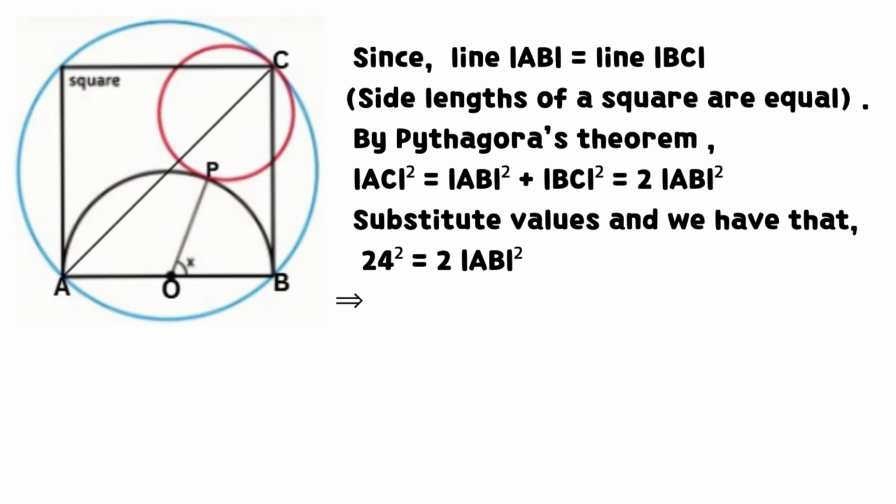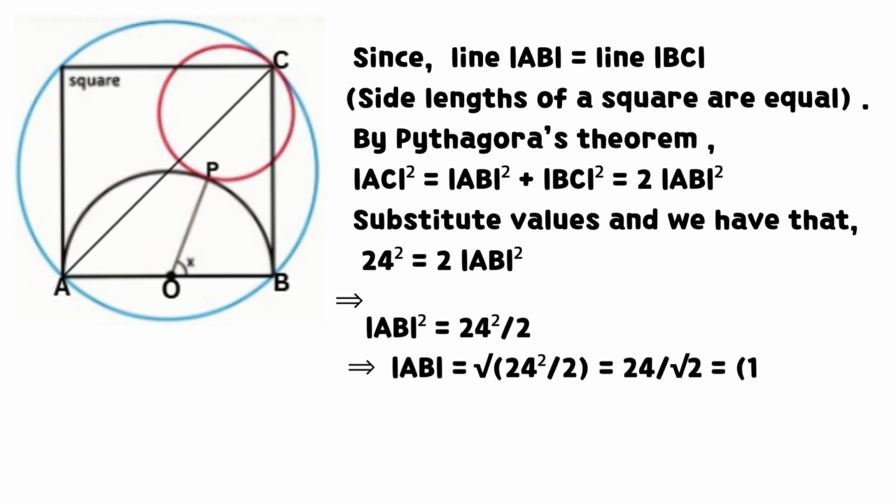Substitute values and we have that the square of 24 equals 2 times the square of line AB. It implies that the square of line AB equals half the square of 24. Take the square root of the equation.